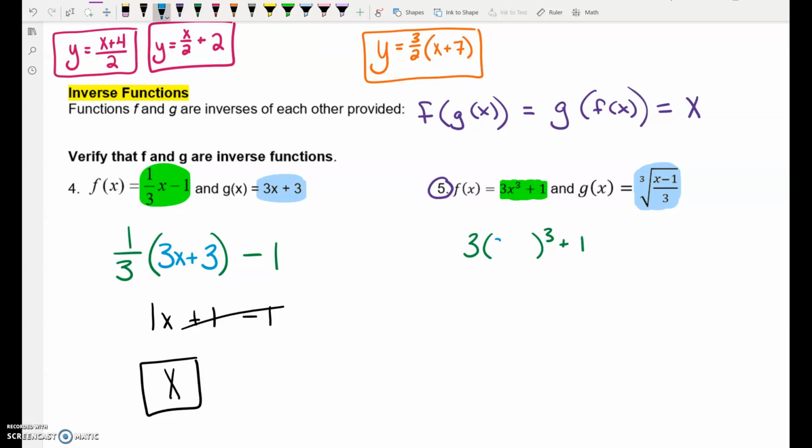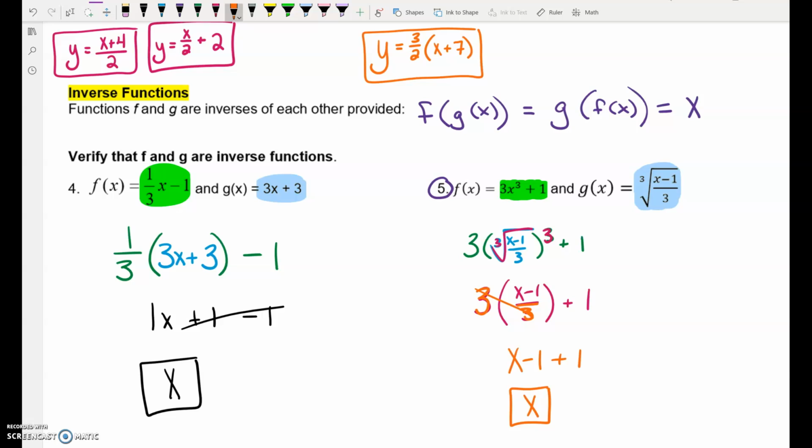The g of x is the cube root of x minus 1 over 3. The cube root and the cube are going to cancel each other out. So we just have 3 times x minus 1 over 3 plus 1. The 3 and the divided by 3 are going to cancel each other out. So we have x minus 1 plus 1, which is simply x.